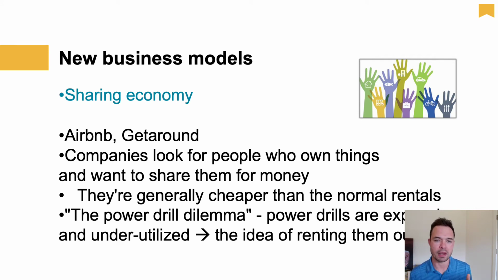Power drills, for example, are really expensive to purchase. And usually if you purchase a power drill, you're not going to use it every day or all the time, right? You just need it for a few specific tasks. So rather than buying a power drill and then underutilizing it, why don't we just go and rent a power drill and use it for a period of time and then give it back to the person that owns that thing, right?